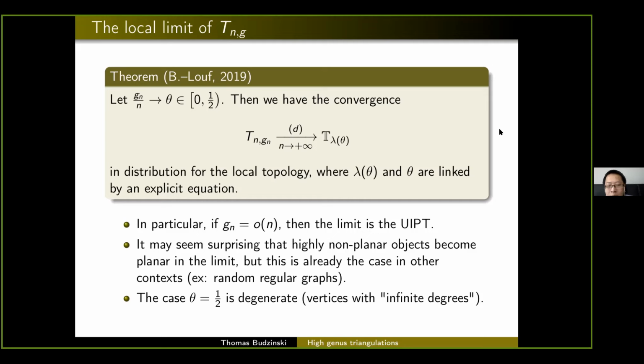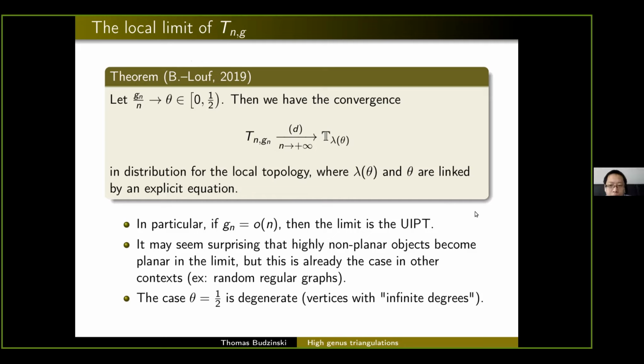Does it mean that with high probability, these triangulations kind of have very large injectivity radius? Is that what's happening? Exactly. So what this result means is that in a uniform triangulation around the typical vertex, the injectivity radius goes to infinity as the size goes to infinity. And it was actually proved very recently by Baptiste Louf that this injectivity radius is, with high probability, larger than a small constant times log n.